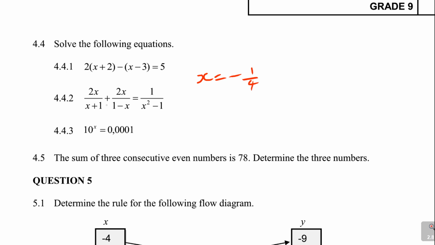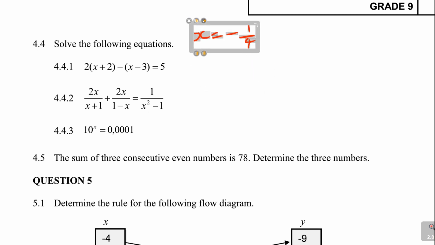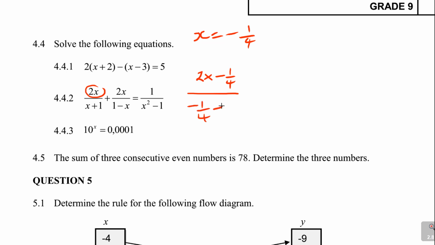But now, how do you prove it? You prove it like this. This is what you do. You take your calculator. It's very important to prove it, because you want to see whether you made the right calculation. So where there is x, you do it like this. 2, where there is x, you put times negative 1 over 4. It was 2x here. Then over x plus 1. So it's minus 1 over 4 plus 1.